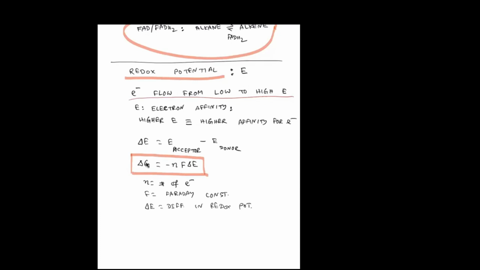So in order for delta G to be negative, what must the sign of delta E be? Positive. So delta E must be positive for spontaneous electron transfer. So for spontaneous electron transfer, delta E must be greater than 0.